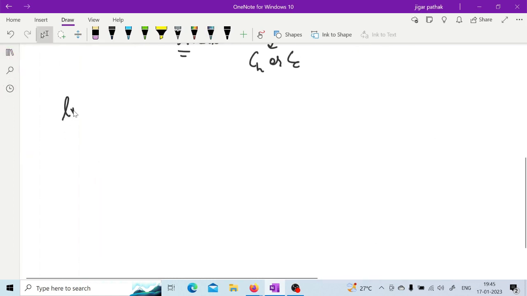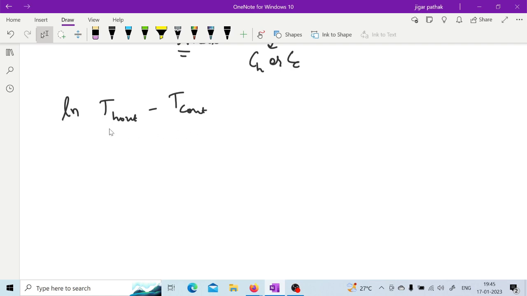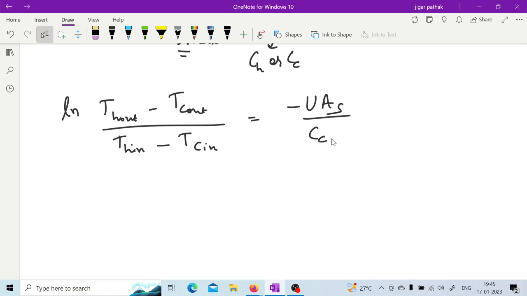That equation can be written as ln of (Th out minus Tc out) upon (Th in minus Tc in) is equal to minus UAs upon Cc (1 plus Cc by Ch), where m Cp for the cold and hot fluids are considered as Cc and Ch respectively.